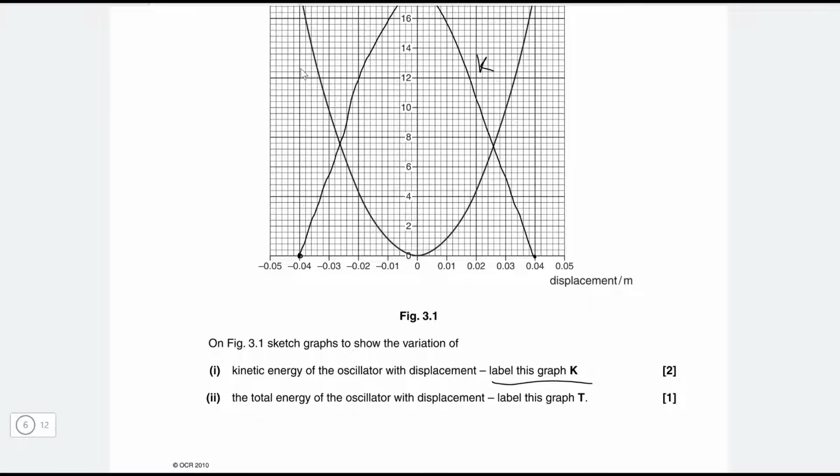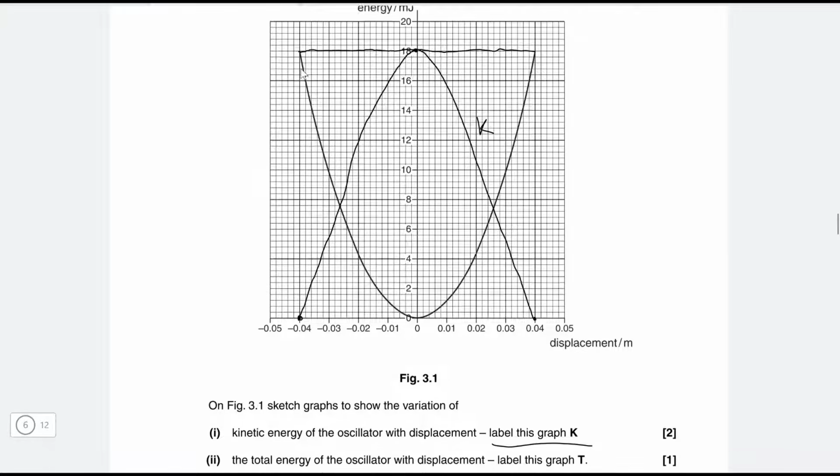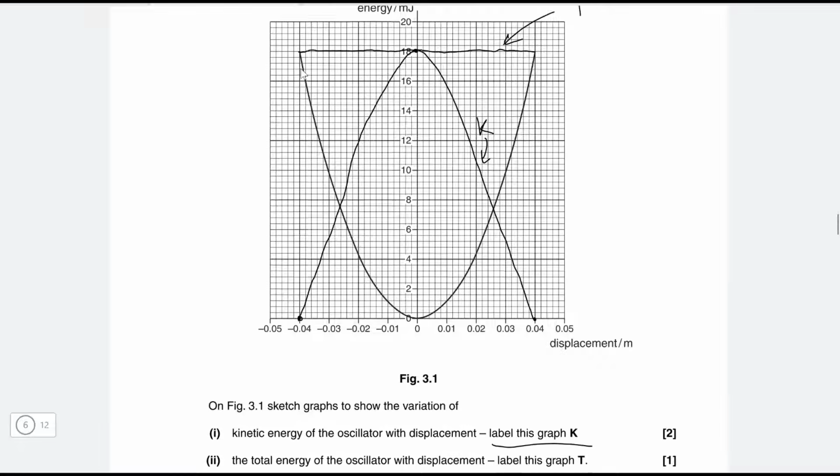Now the total energy of the oscillator is just a horizontal curve because the total energy is always constant, and that's just going to be 18 millijoules, which is just a straight line. Please use a ruler in the real exam. Remember, I don't actually have a ruler on my digital whiteboard, but this here will do. And let's label this T. Okay, so this here is K and that is T.